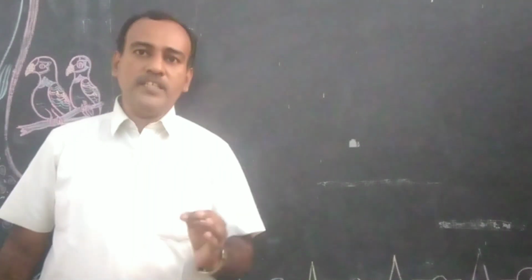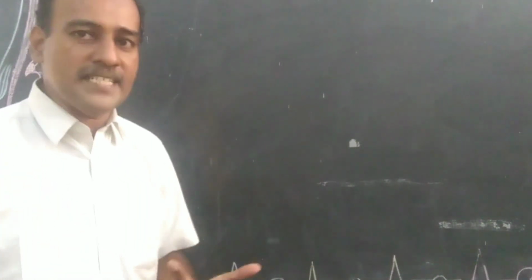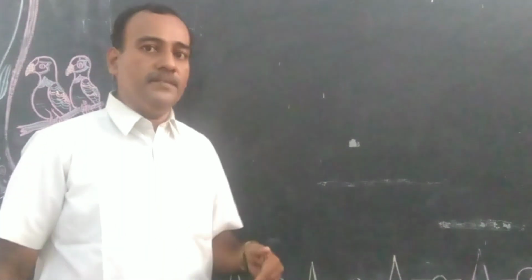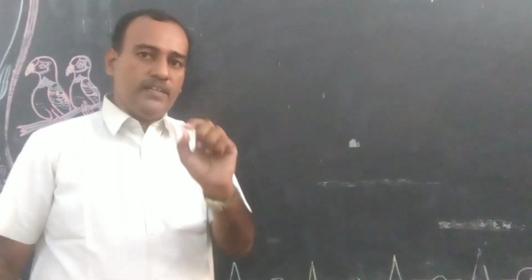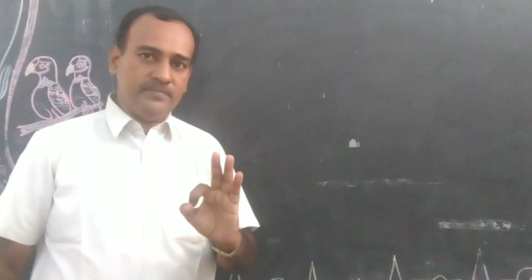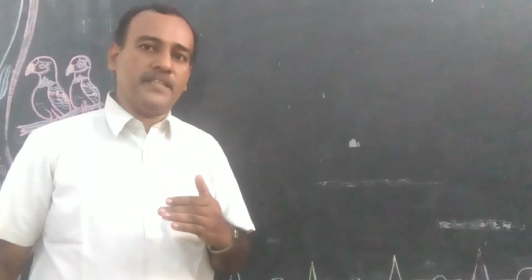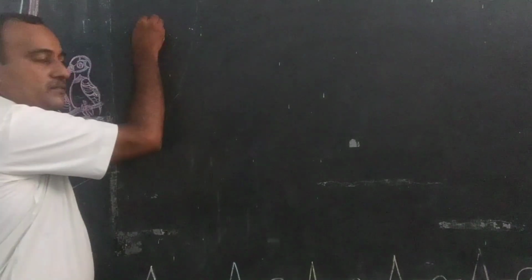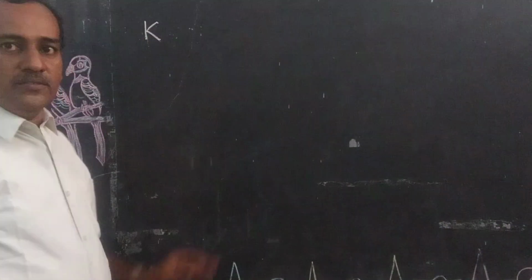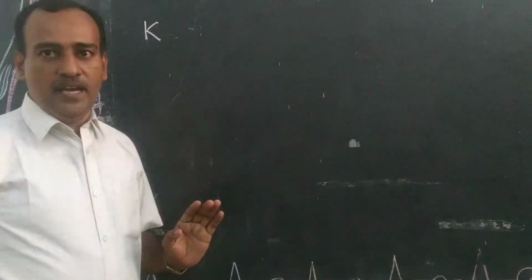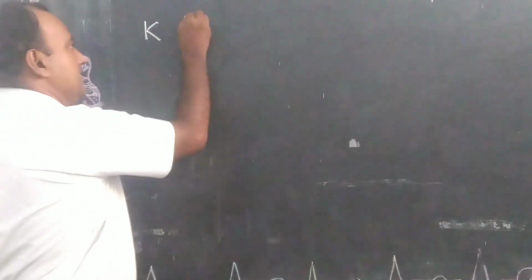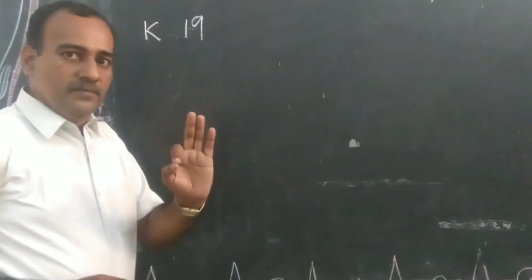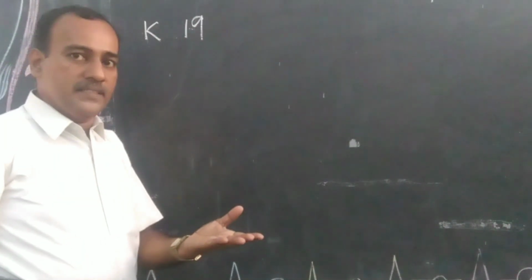Now write the electronic configuration of potassium. Last time we studied up to argon. Now we are going to write the electronic configuration of potassium. For writing it, first we write potassium, symbol K, atomic number 19.